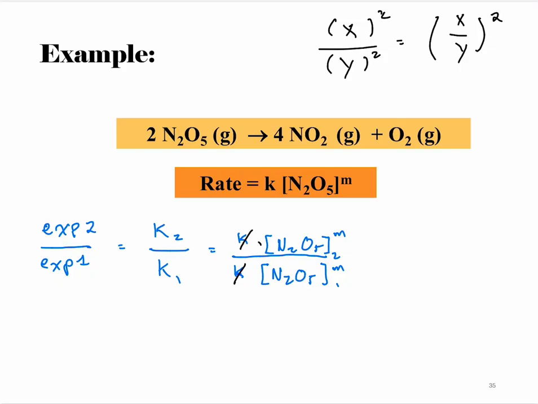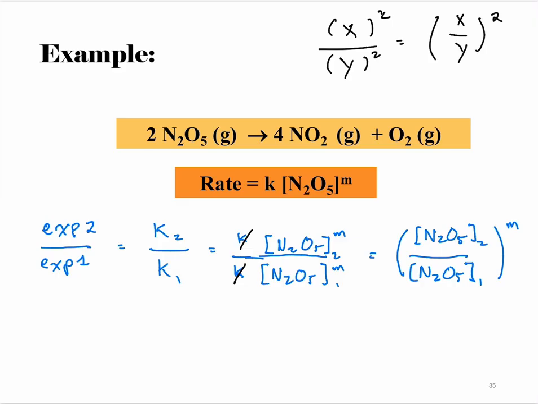Let me see if I can erase this without... I couldn't. So those cancel out. And then we can simplify this a little bit more because now this is equal to the ratio N2O5 subscript 2 over the ratio N2O5 subscript 1 to the power of m.